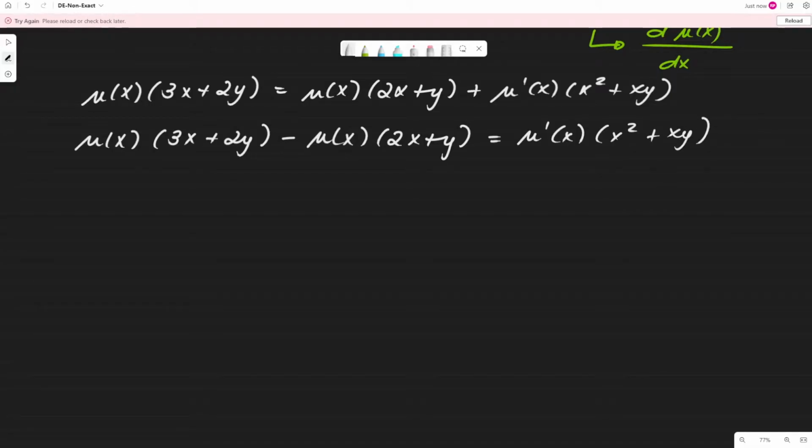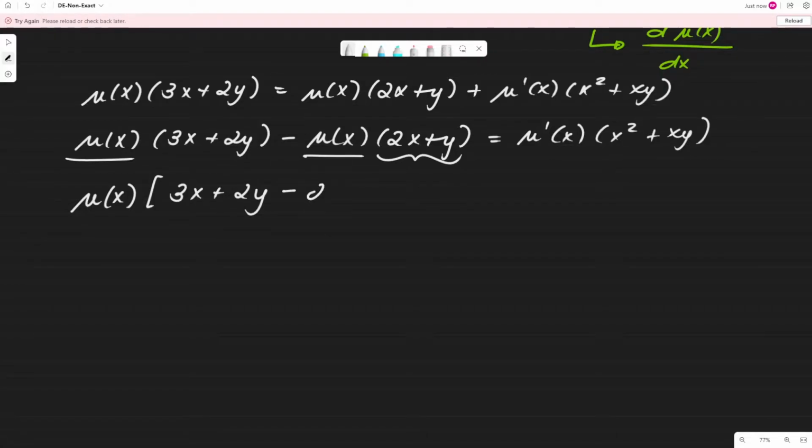Next, since we have a negative sign and mu of x in common, we can factor it out. So we will have 3x plus 2y minus, distributing the negative to the function 2x plus y, so this will become negative 2x minus y.